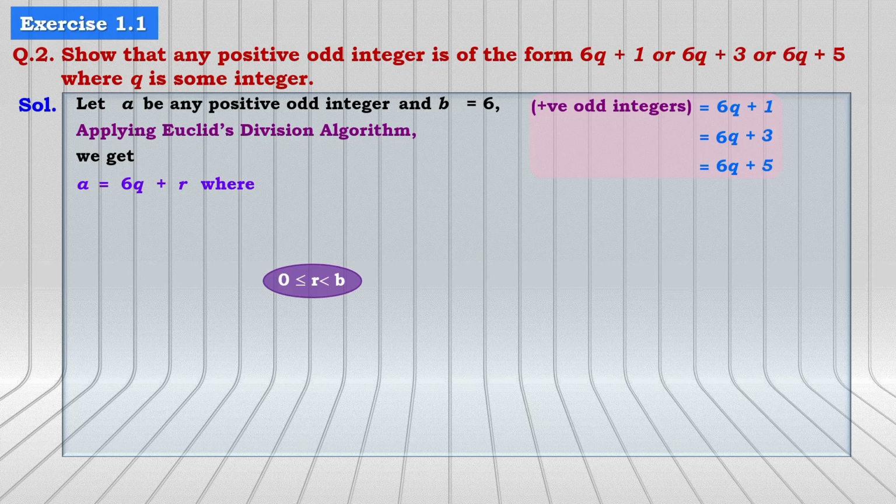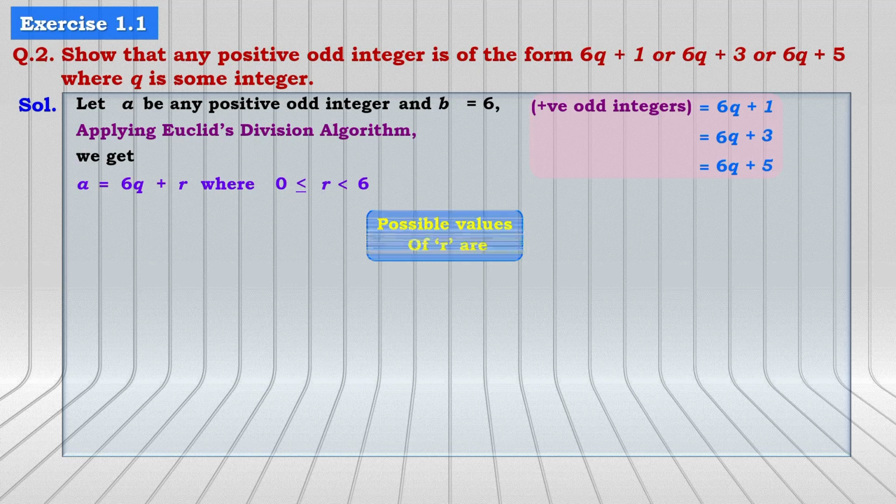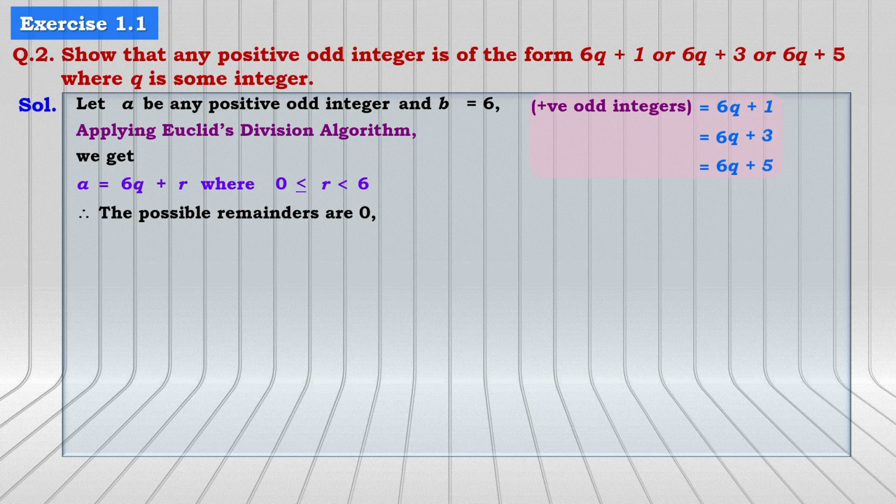So 0 is included, but it should be less than b. Since b is equal to 6, 0 less than or equal to r less than 6. So the possible remainders are 0, 1, 2, 3, 4 and 5.